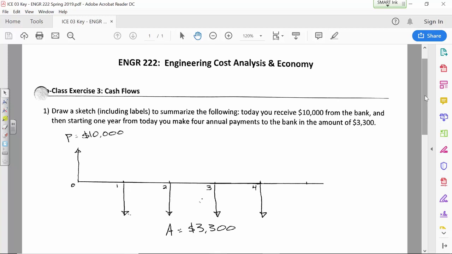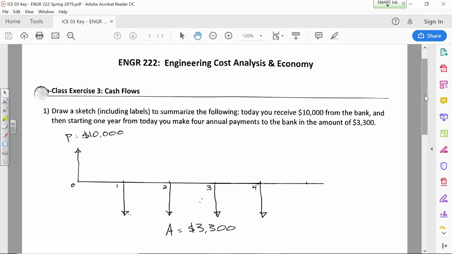So the problem statement is today you receive $10,000 from the bank, and then starting 1 year from today you make 4 annual payments to the bank in the amount of $3,300. Okay, so you get money today, and today is year 0, and we don't have any information about whose perspective it is, and so we assume that it's our perspective, that we're drawing this not from the bank's point of view, but from ours.